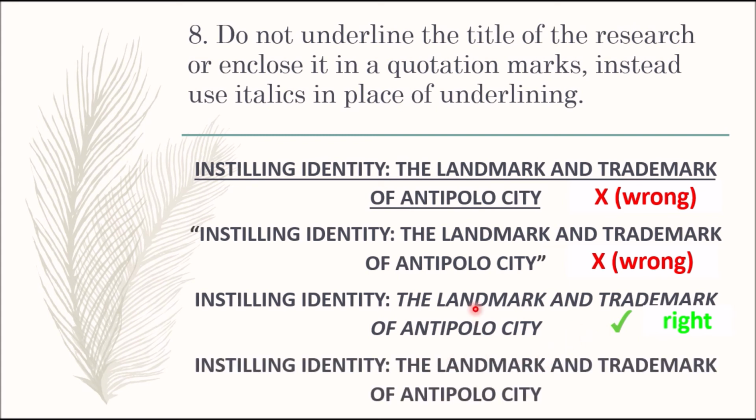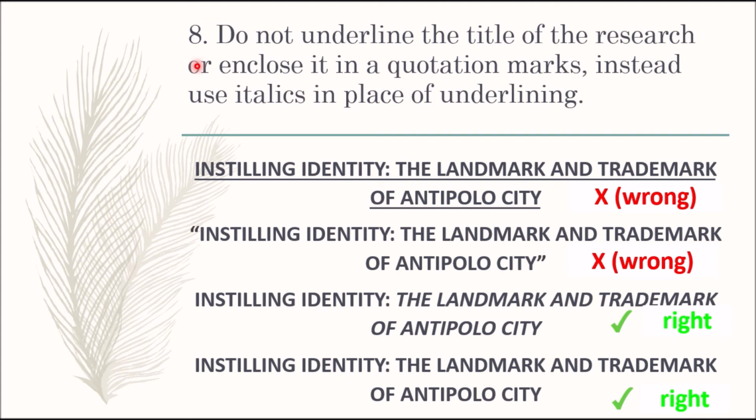So, no need to italicize the words that you need to emphasize. It still depends on your research instructor. Okay? So, this is a right one. And this is also a right one. Okay, so hopefully you learned something today.